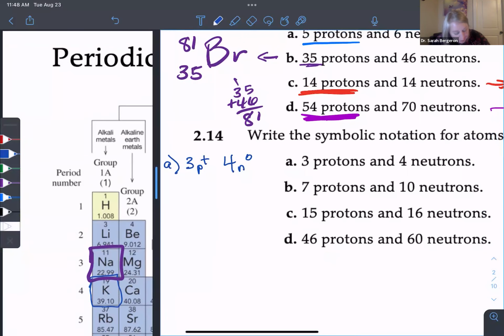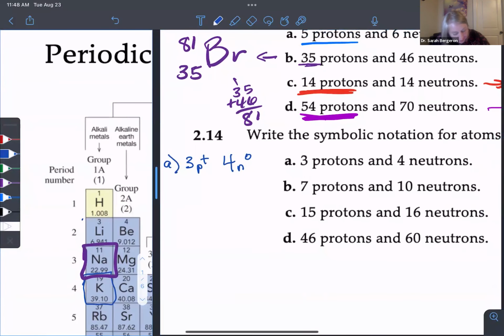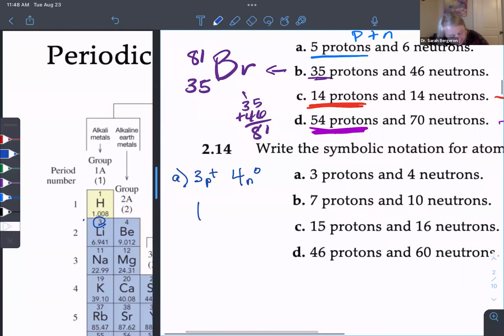If I look for number 3, that is lithium. Let me erase all this. Okay, so there's my 3. So then I have lithium. And I know that the number of protons is going to go down at the bottom, and at the top is my mass number. My mass number is my number of protons plus my number of neutrons. So 3 plus 4 is 7.